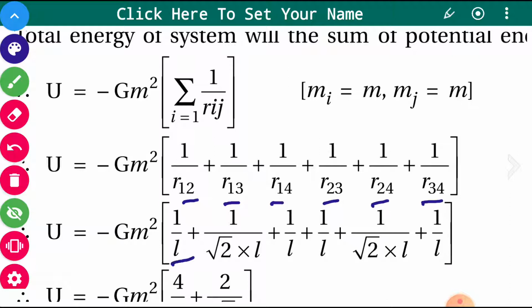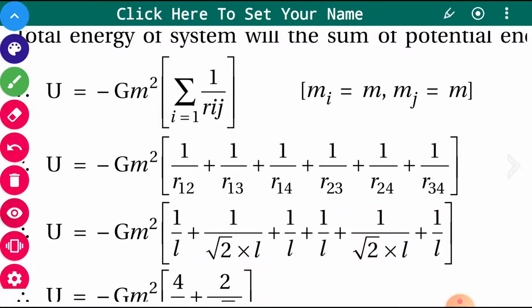First and second has distance L, 1 and 4 is L, 2 and 3 is L, 3 and 4 is L. And the distance between the particles at opposite corners is under root 2L. These are the two particles at the ends of the hypotenuse.